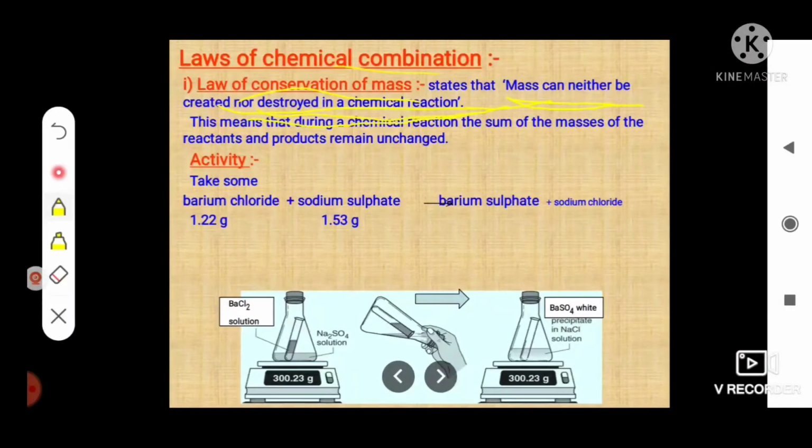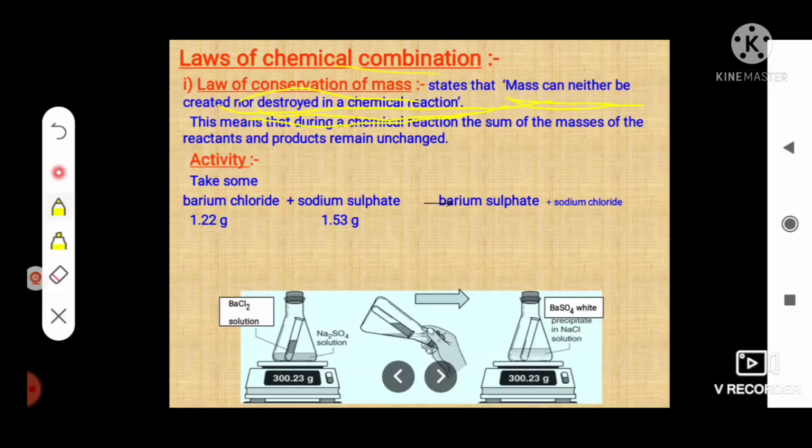In a chemical reaction, the reactants react together to form the products. That means during a chemical reaction, the sum of masses of the reactants and products remains unchanged, or the number of atoms of each element on the product side will be equal to the reactant side.